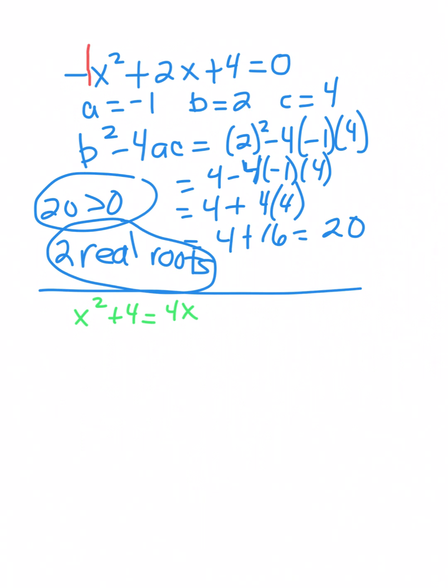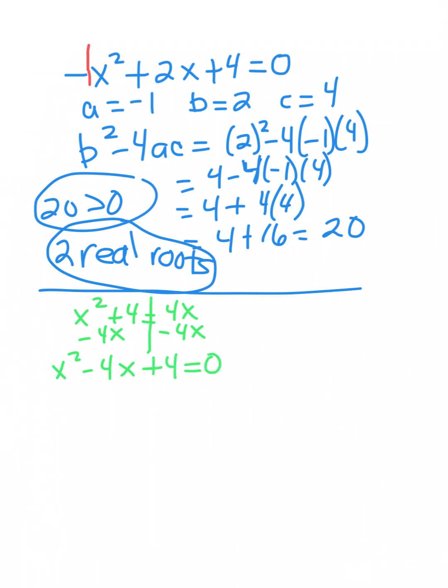I always think quadratics are the boss. So I want to bring everything over to the x squared. So the x squared is next to the 4. I need to bring the 4x across the equal sign. So I'm going to use an inverse operation and subtract the 4x. All right. So I show that on both sides. And now my equation is x squared minus 4x plus 4 equals 0.